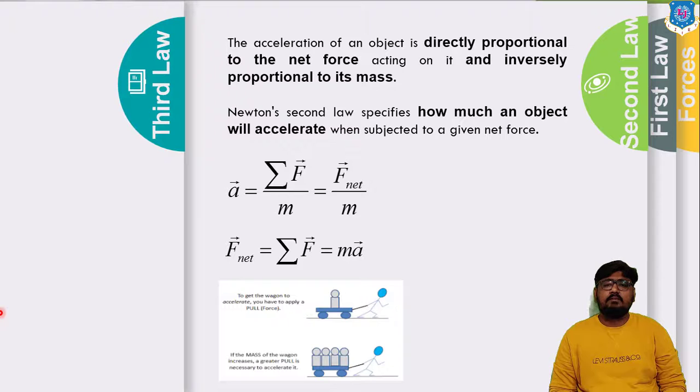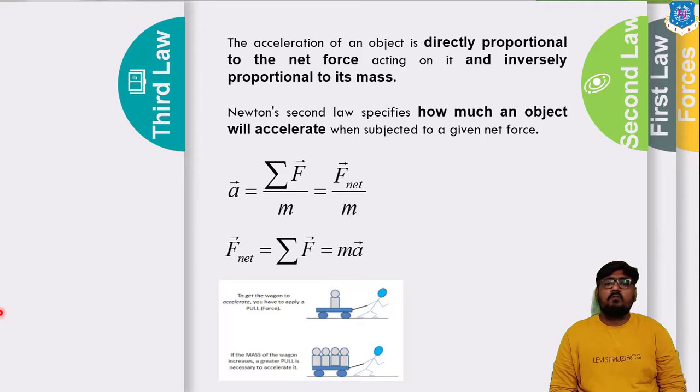Coming on to the next topic, that is the second law of motion. The second law of motion is associated with acceleration, and we already know what acceleration is. Acceleration is meter per second squared, distance over the square of the time.